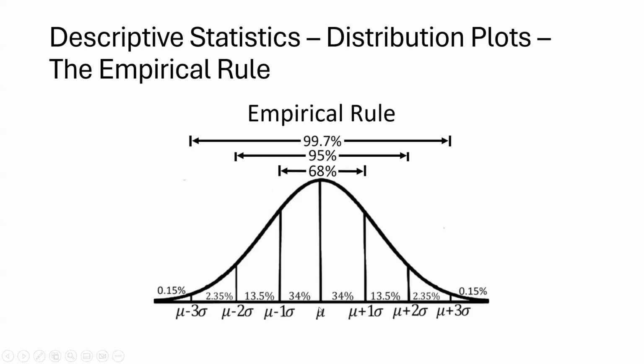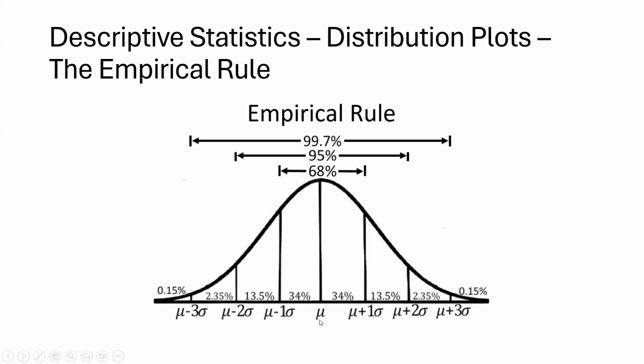And it says that in a symmetrically distributed data set, 68% of the values, यानी पूरे data set का जो 68% है, it's going to fall between the range. The range of the values is going to be from mu, mean minus 1 sigma, to mean plus 1 sigma.